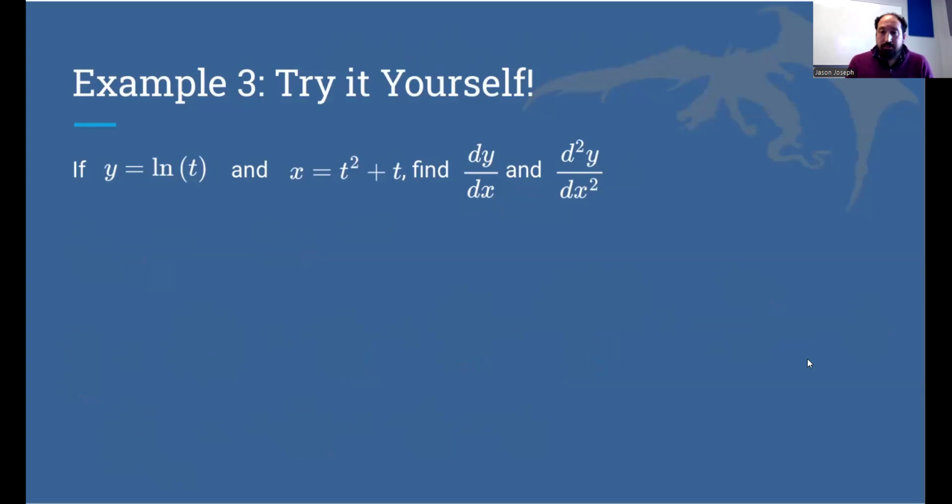Find dy dx first, and then you will use that as you find the second derivative. Be careful, there's some chain rule in this problem. I'm going to show the answer.